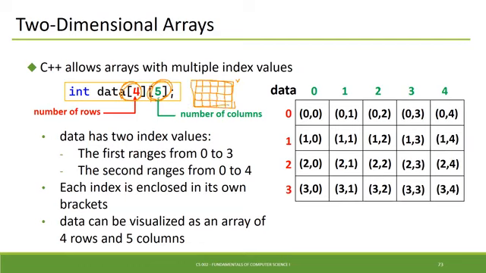So remember, the first number is the number of rows, number of lines, and the second dimension is the number of columns. In a one-dimensional array, if you create int a[5], then the computer will make 5 spaces, right?